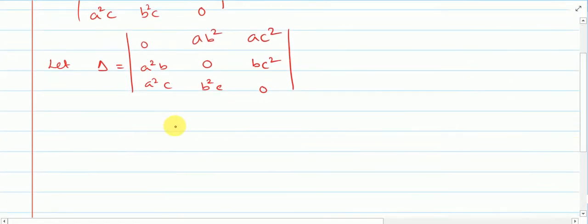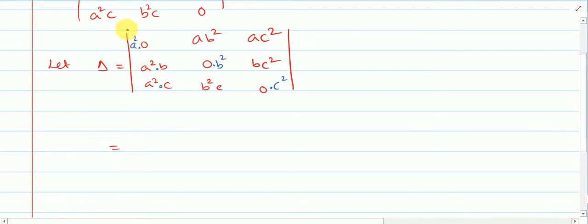Here you can observe one thing, that in the first column we have a square common, okay, because here we can write a square into 0, okay, and here a square into b, a square into c. Here you can see in the second, you see that b square is common, okay, and in third c square is common.